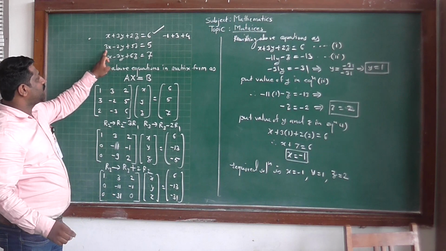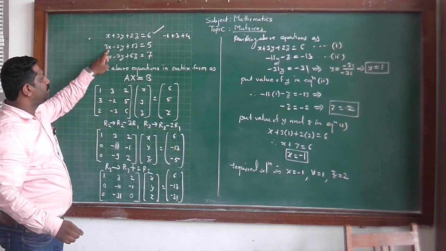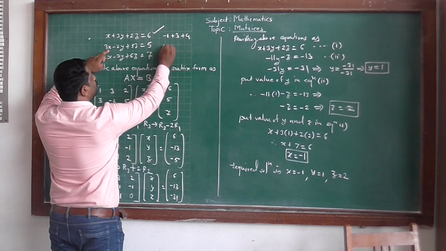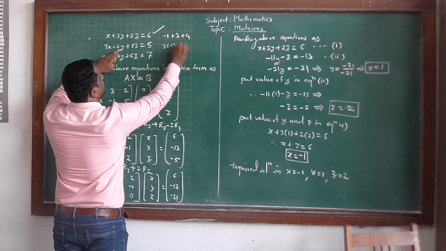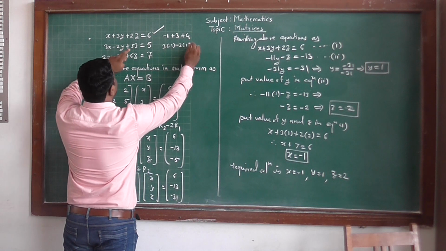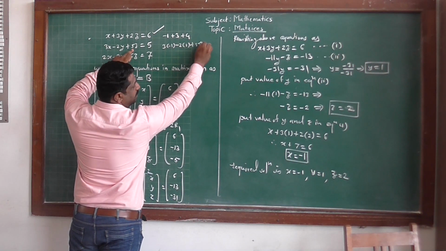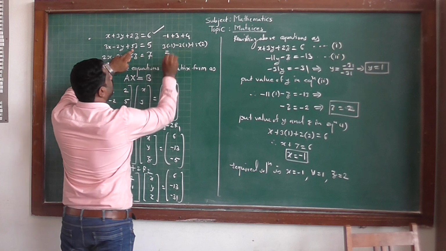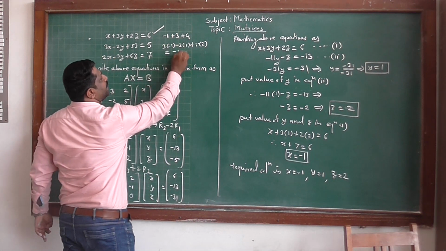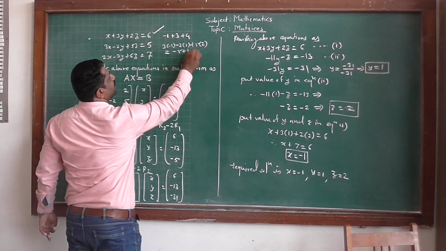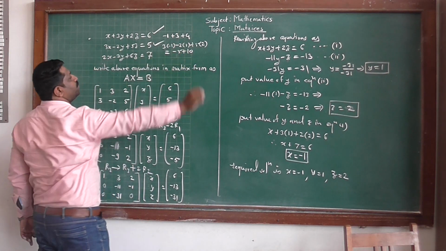Now we put the values of x, y, z in the LHS of the second equation. So 3 into -1 minus 2 into 1 plus 5 into z, that is 2. Now -3 minus 2, minus 5. 5 into 2, 10. So 10 minus 5, that is 5.